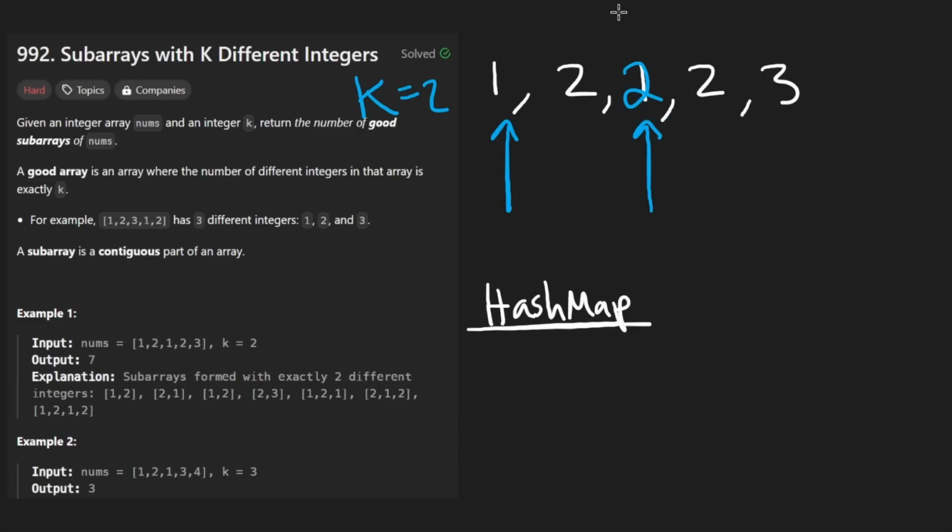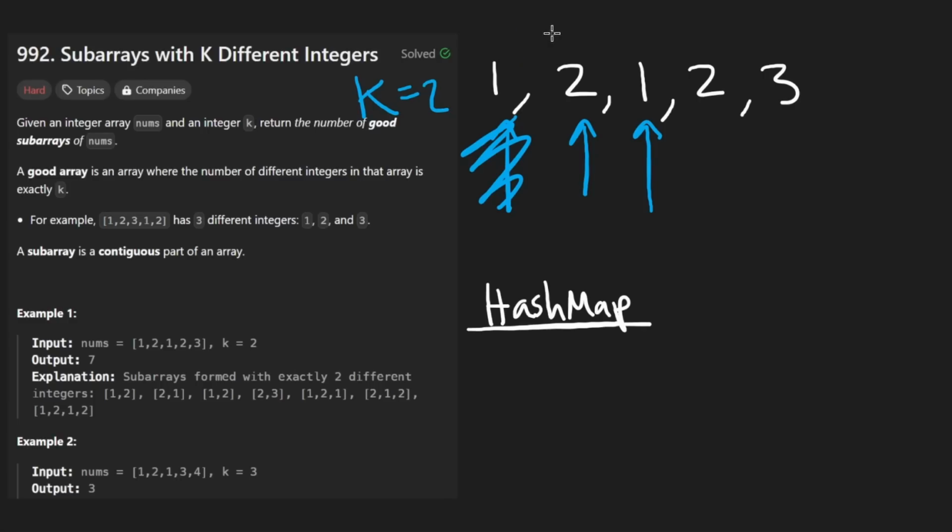What's the difference between this example and this example? Well, when you look at it closely, it's kind of obvious. We can shift our left pointer here and the window is still valid in this case, right? Now, if I shift the left pointer here, well, this was valid and this is also valid. That would not have been the case if this was a 2. How do we know that we can shift the pointer?